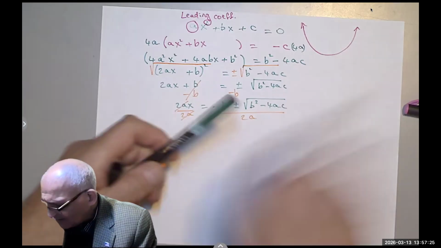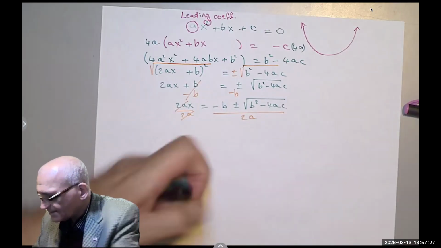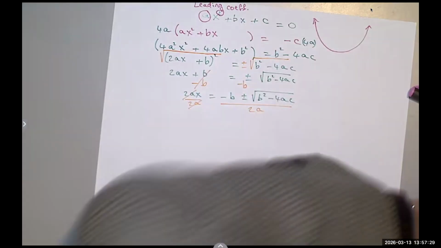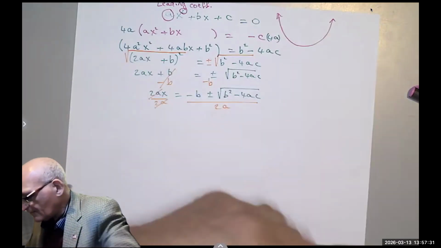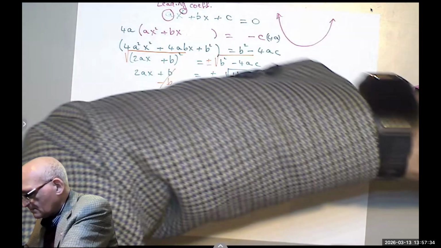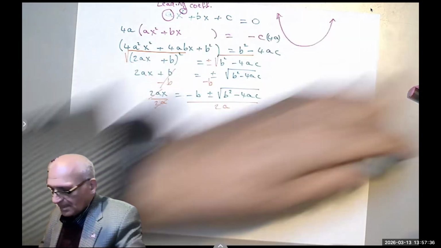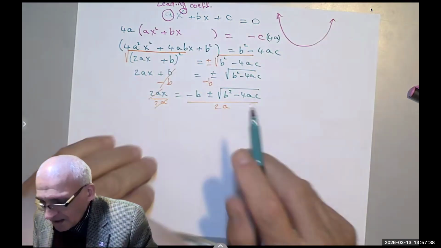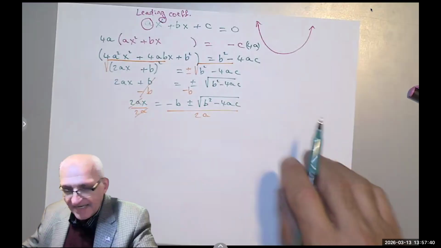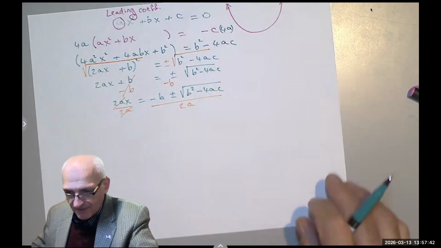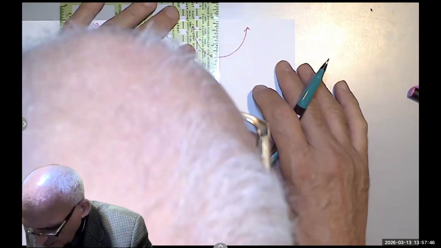Now, how do I understand that in terms of the parabola? Very simple. Here, the parabola has an axis of symmetry, right? Why do we call it axis of symmetry?